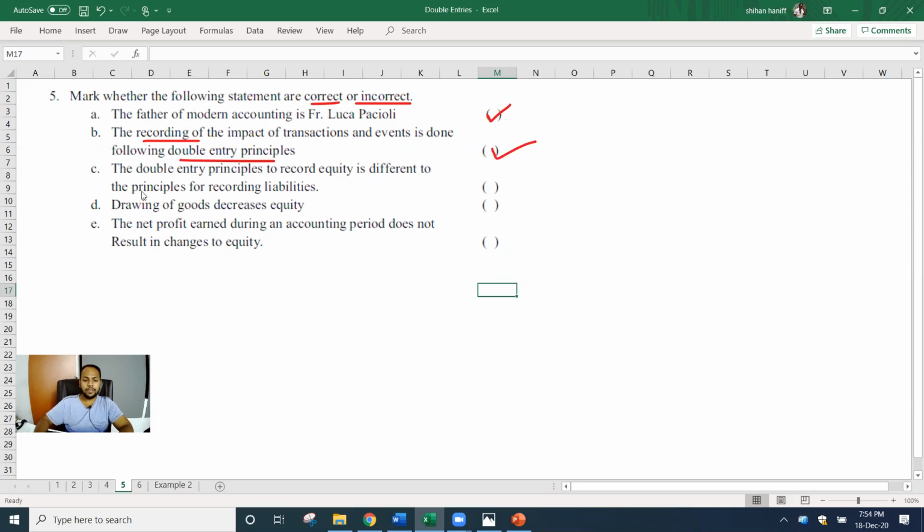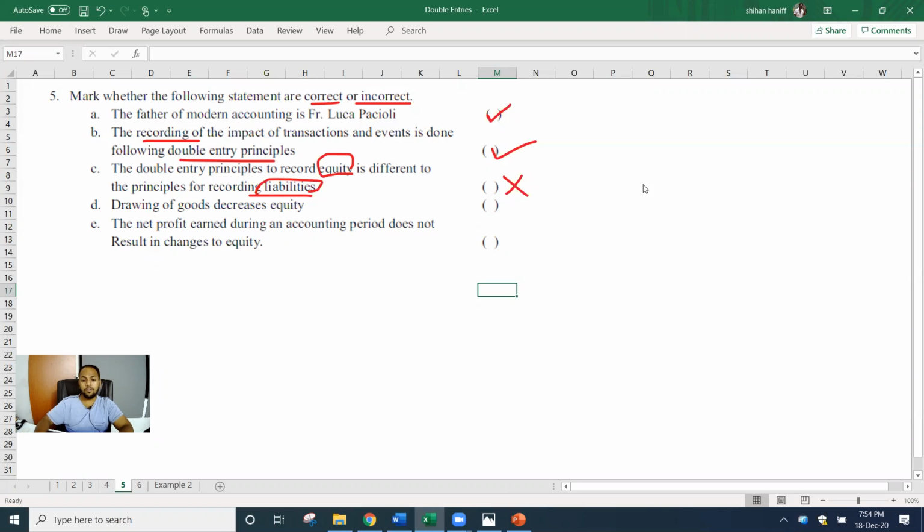C. Double entry principles to record equity are different from the principles for recording liabilities. Correct or wrong? Are you using a separate principle or the same principle? That's incorrect.